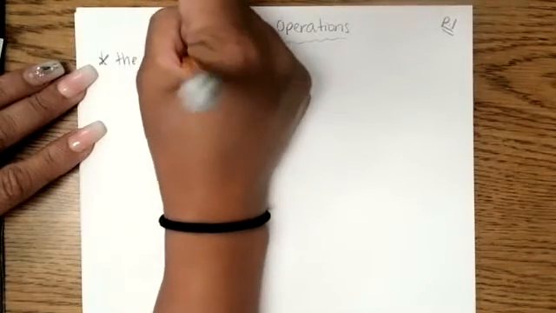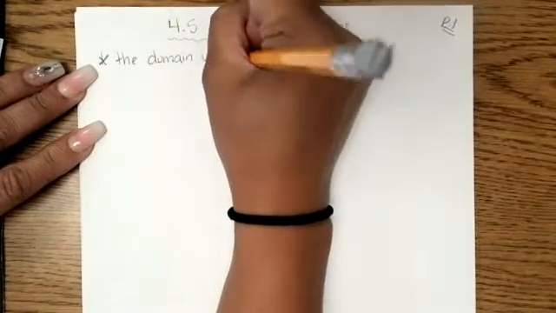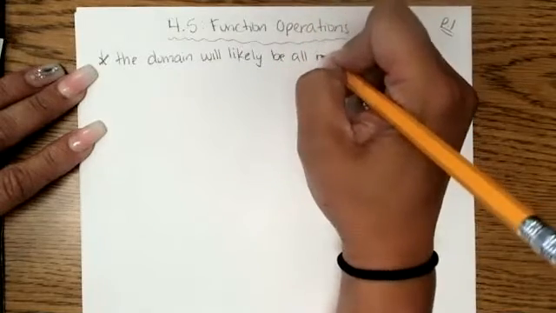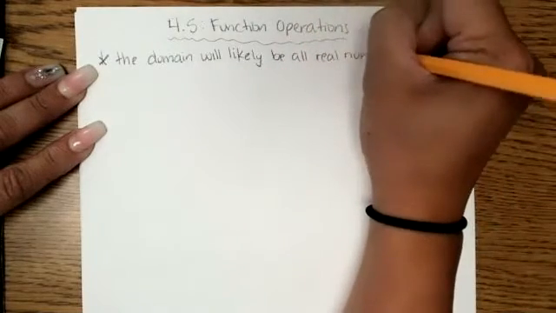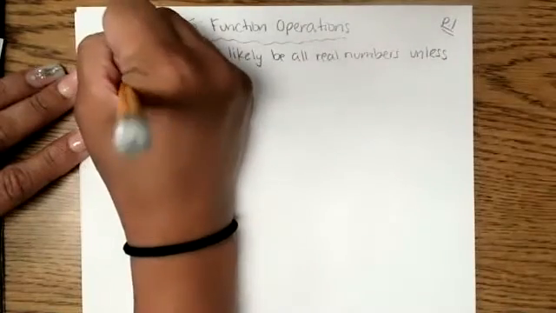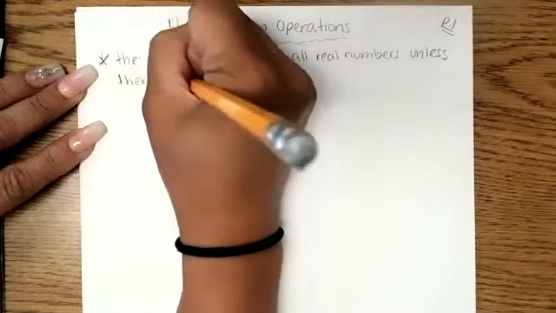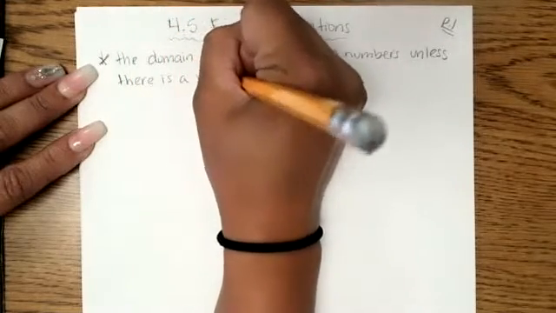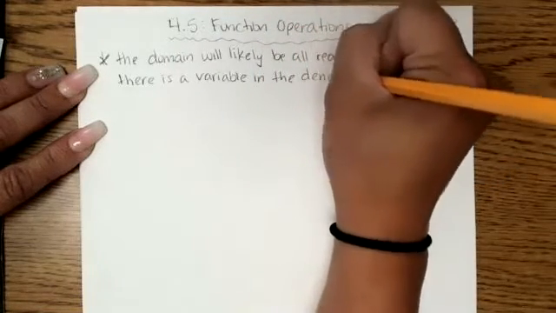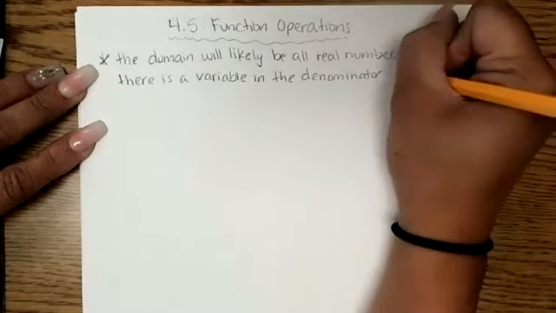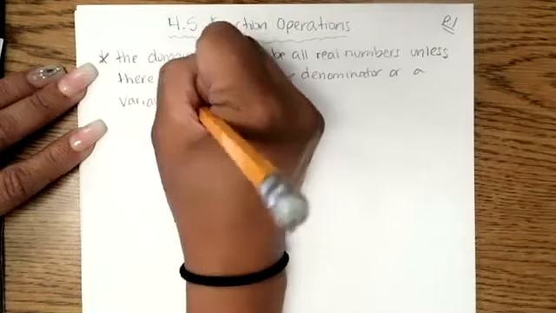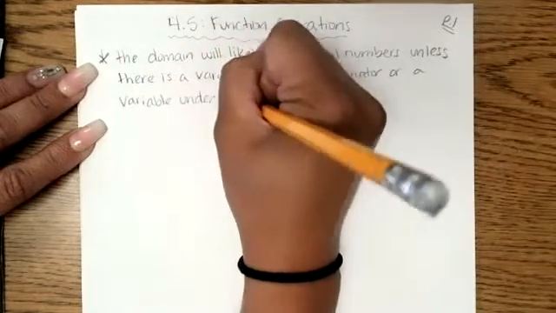The domain will likely be all real numbers unless there is a variable in the denominator or a variable under a radical.